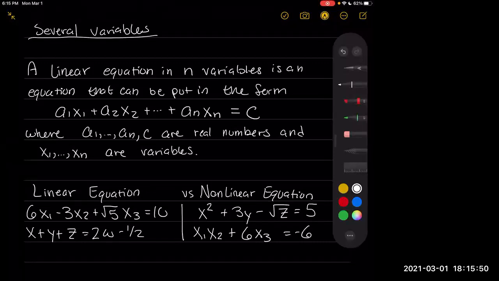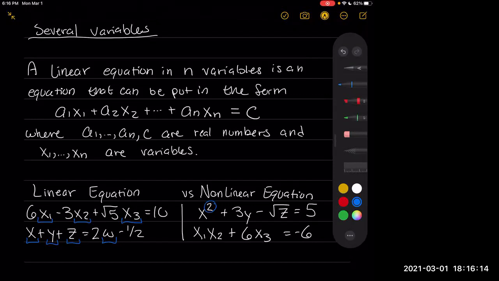So here on the linear side, our variables all stand alone with just a coefficient in front. They're not multiplied by anything, they're just as they are, and you can move them easily from the left to the right side of the equal signs. Versus over here, we have an x squared.